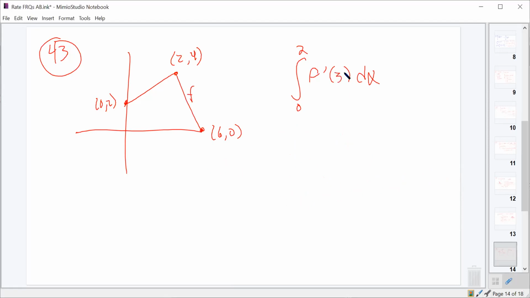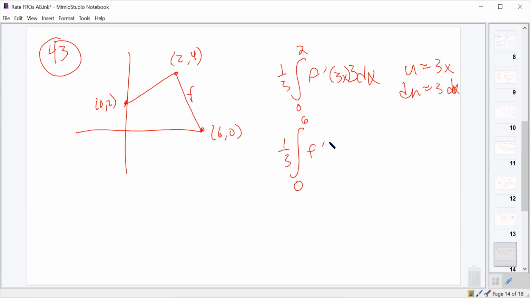F prime of 3x. So this requires a u substitution. U equal to 3x with a du equal to 3dx. So we'll put 1/3 and a 3. And so now it should be 1/3 of the integral from, if x is 0, then u is still 0. But if x is 2, then u is 6.